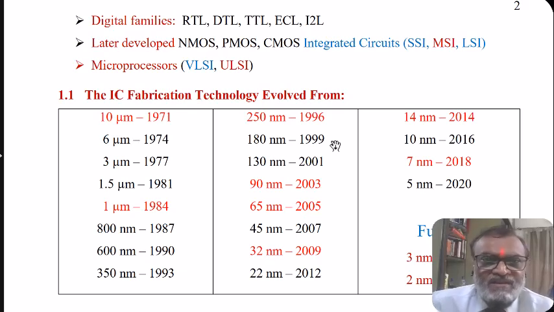These families use components like resistors and transistors only in developing the digital integrated circuit. Whereas in the TTL family, the devices used are bipolar junction transistors only, and that's why the name was given to the technology. RTL was the old family, TTL is still in use, ECL and I square L are also in use.